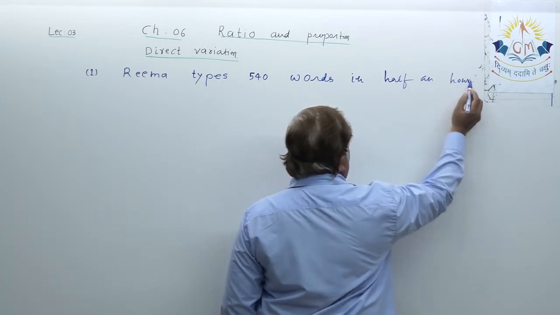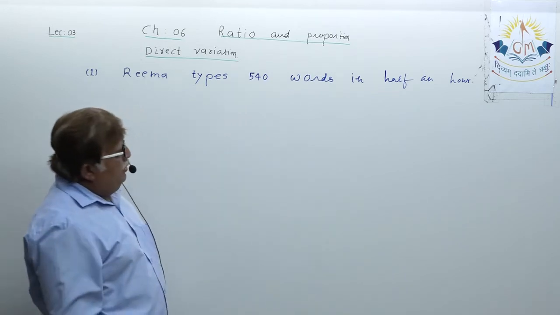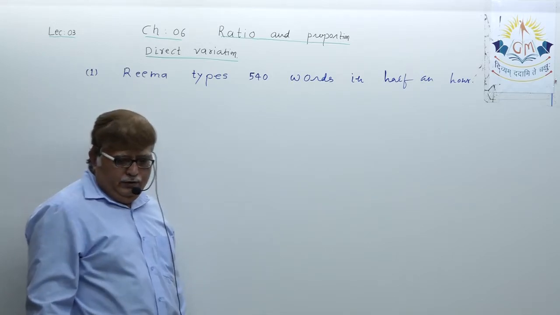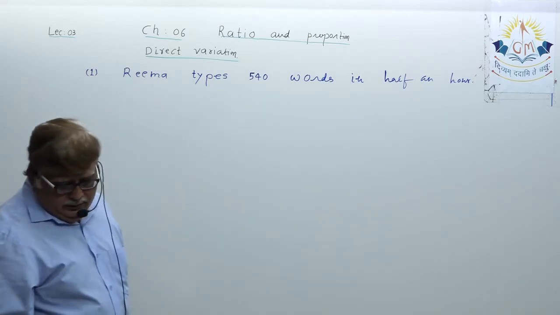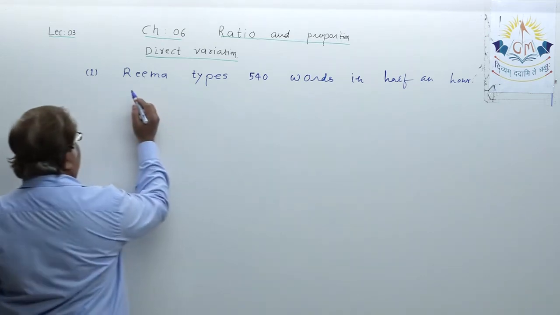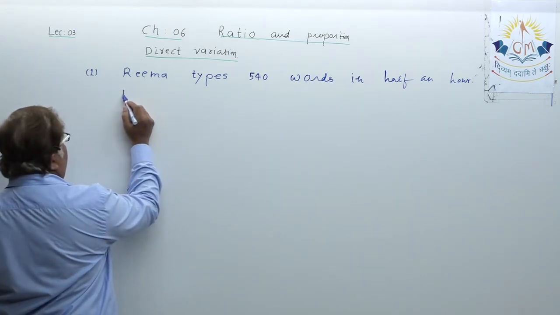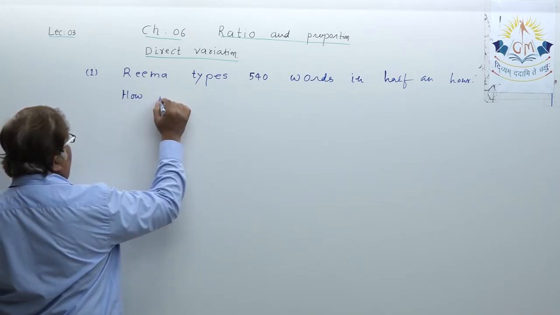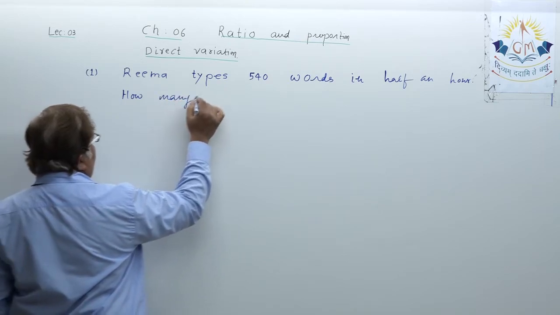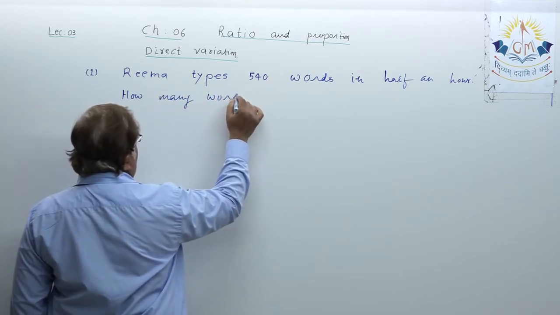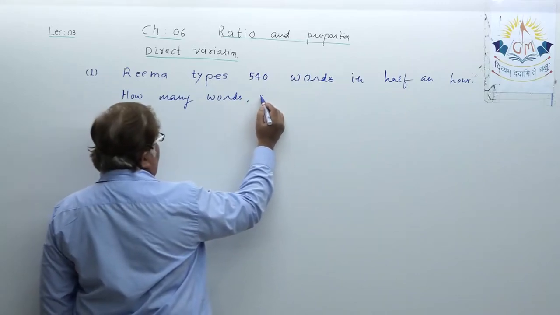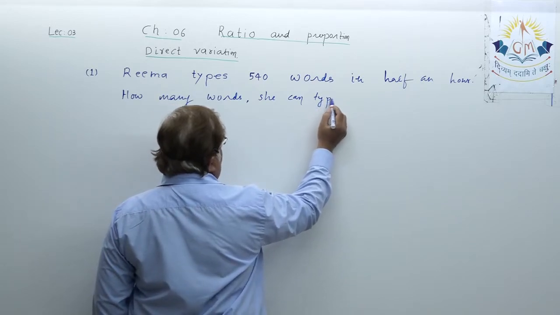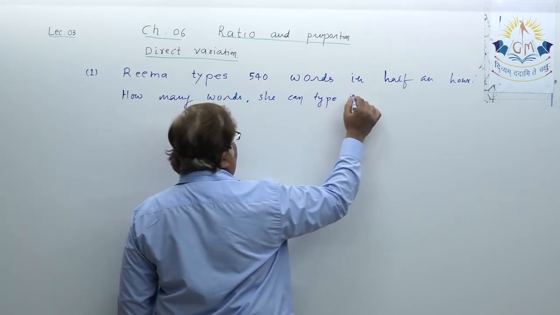Just concentrate on the sum. Rima types 540 words in half an hour. Then how many words can she type in 6 minutes?